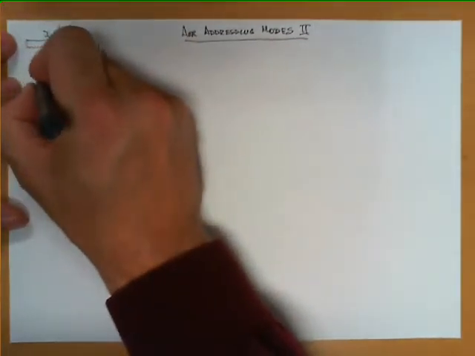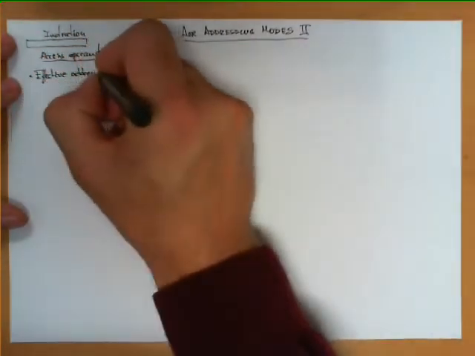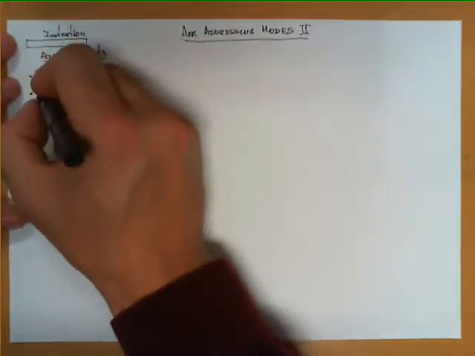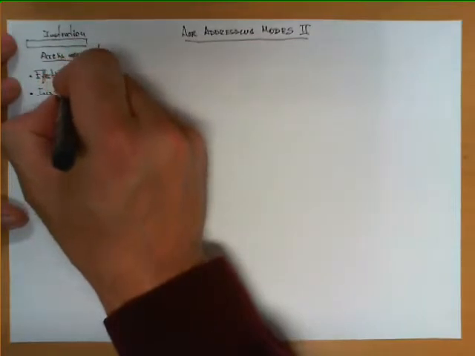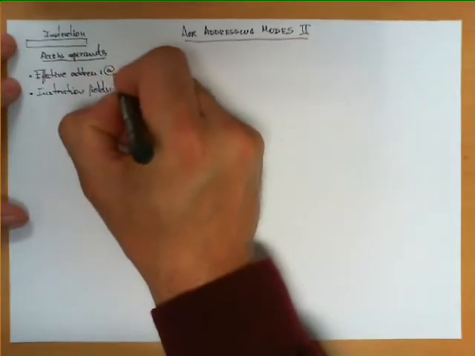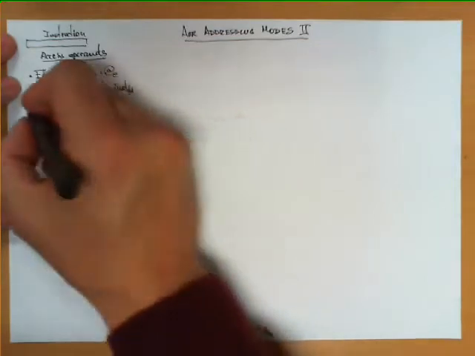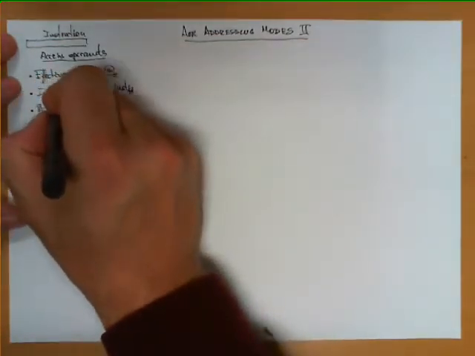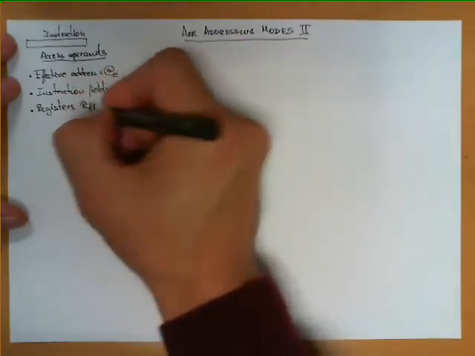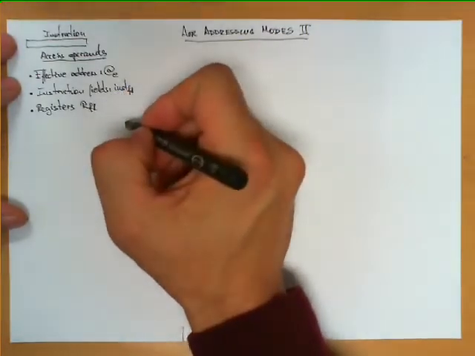And let's also remind that we're going to use the following notation. We are going to use the effective address of the operand, and we're going to represent it by add sub e. We're going to be talking about instruction fields, which is going to represent inst f sub 1 or f sub 2. We're going to refer to registers, and typically these are registers that are specified by this field, so we're going to refer to them as r sub f1, meaning the register specified by the field f1 in the instruction.